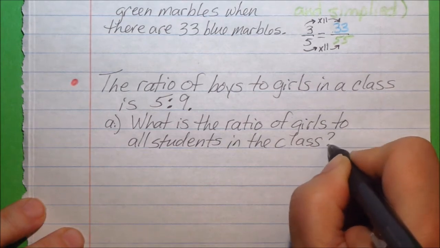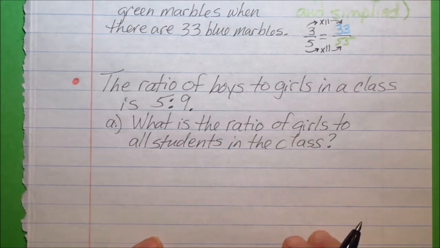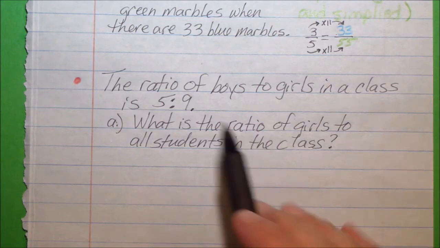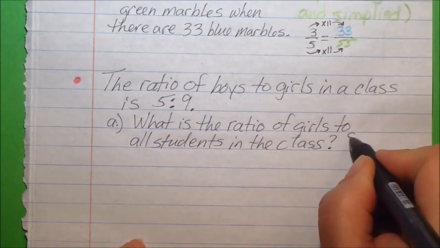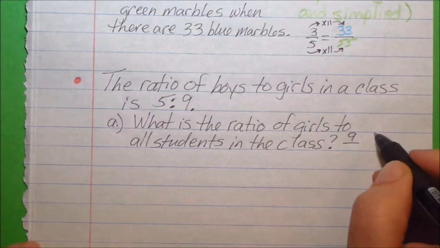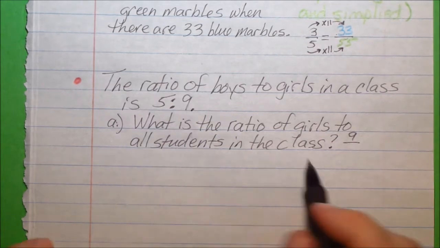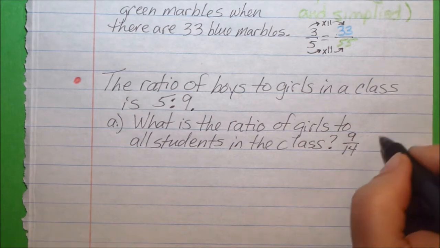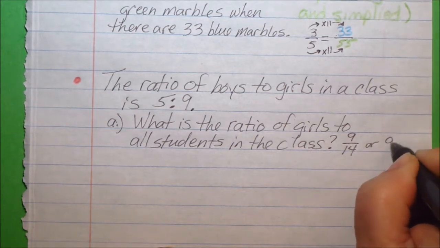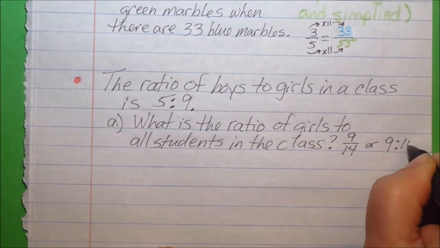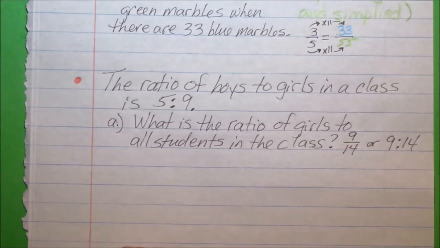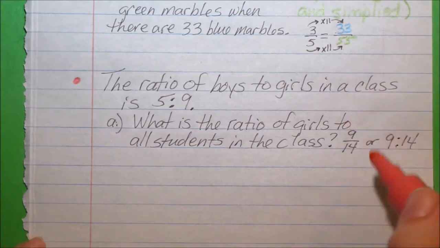Okay, so the ratio of girls to all students in the class. Well, there are 9 girls in the class. What's the total number in the class? 9 plus 5 is 14. So 9 to 14. That's the ratio of girls to all the students in the class.